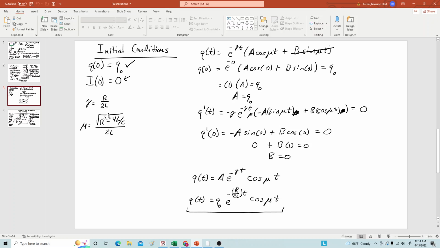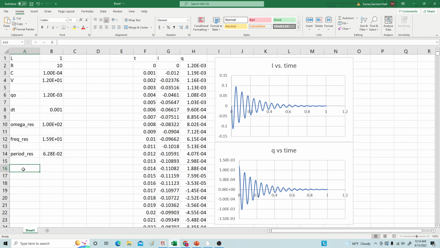When this expression is 0, or when R squared is equal to 4L over C, that is your resistance at which you achieve critical damping. So we can even get an algorithm to tell us, what is my critical resistance, and how close is my specified resistance to that?